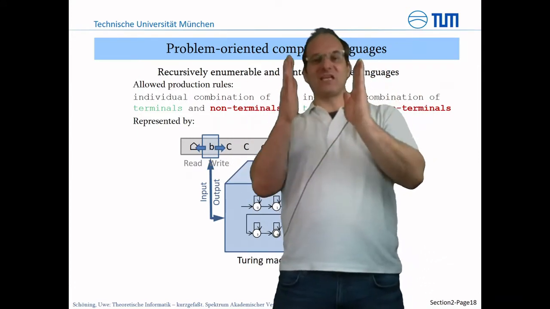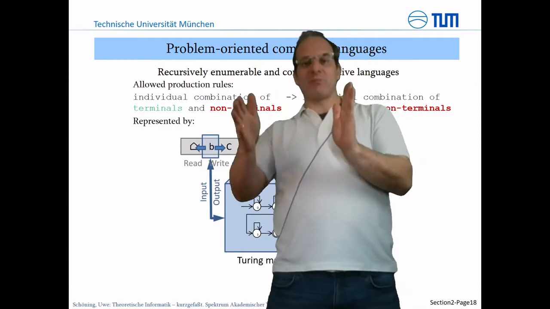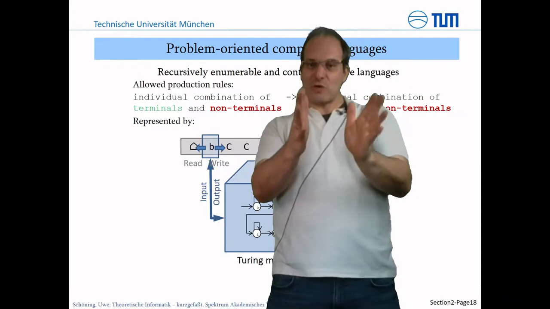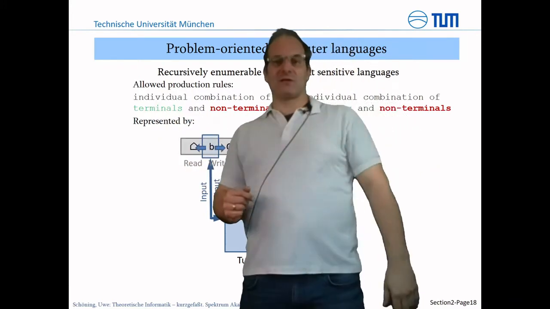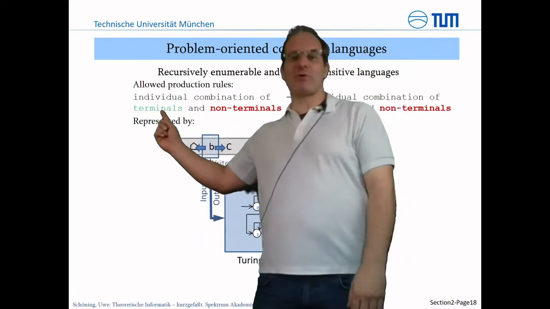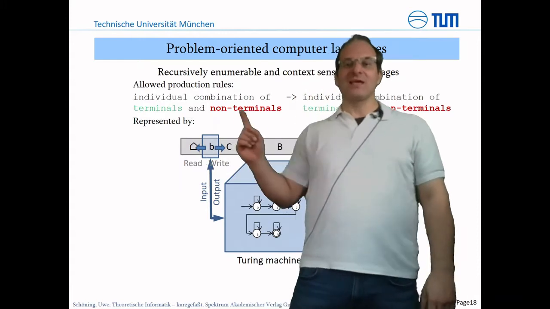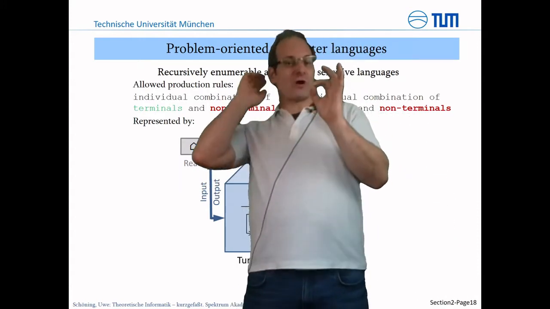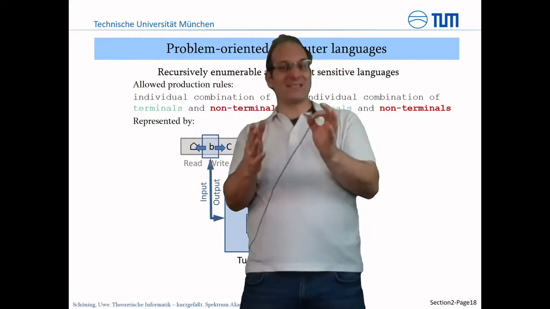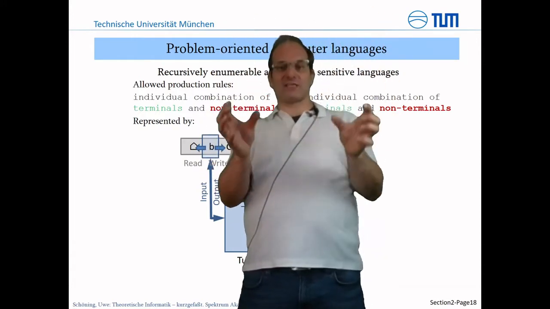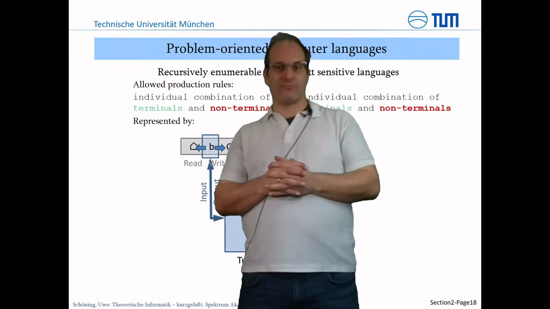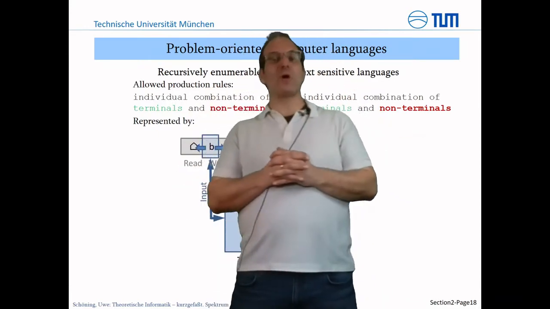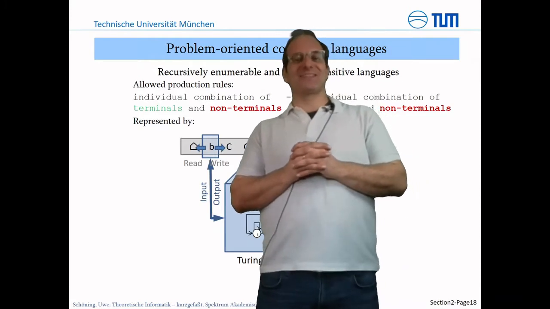So if we have this sequence of a, something, and b, only in this situation do we do the replacement. So now we change the left part, and we just do the replacement if the non-terminal or variable which we have to replace is in a special context or in a special scenario. And therefore, we now have the context-sensitive languages.